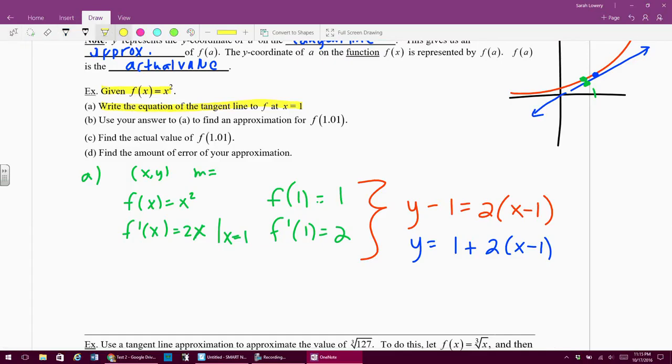Part B says, I want to use my answer from part A to find an approximation for f of 1.01.